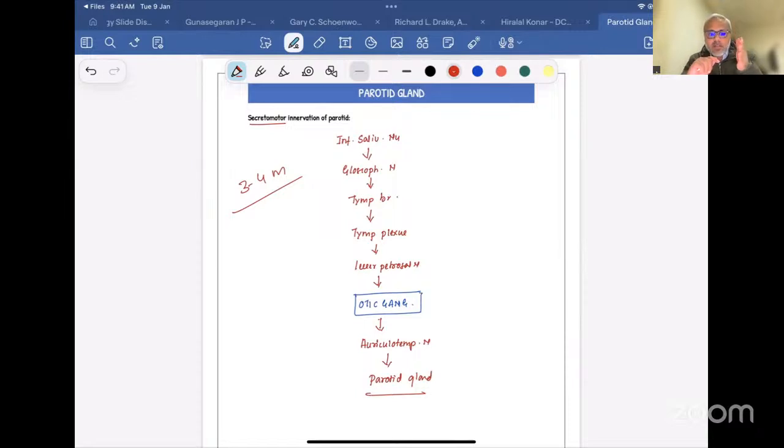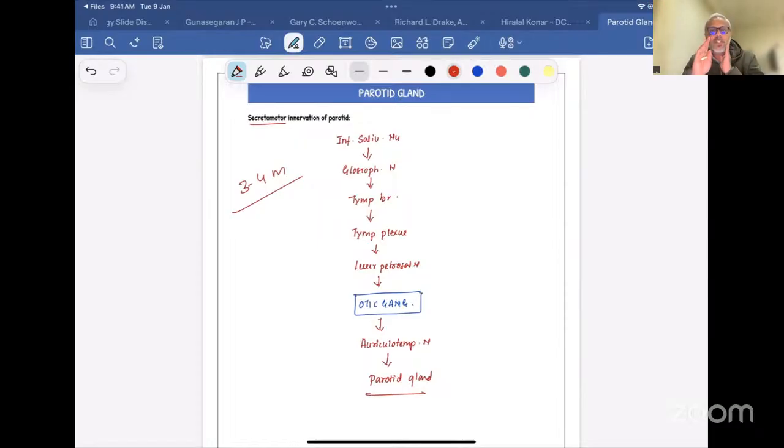All the nerve fibers get relayed at where? Otic ganglion. Now from otic ganglion, this will be relayed to the auriculotemporal nerve and then supplies the parotid. This is how we must describe the secretomotor innervation of the parotid gland.